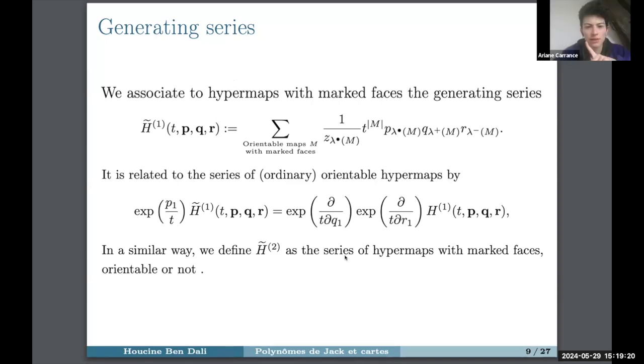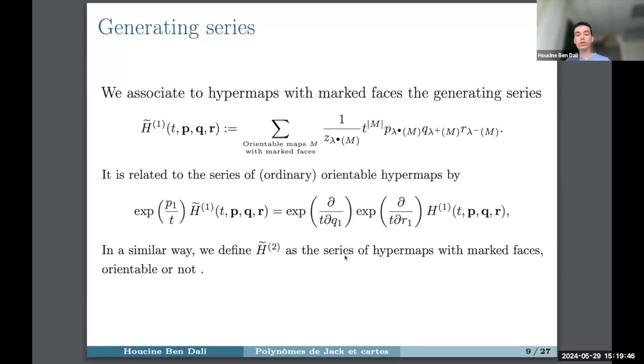So I just have a possibly silly question about the fact that the homogeneous part of H tilde 1 gives you H1. If you have the same number of plus marked faces and minus marked faces, does it count in the homogeneous part of H?